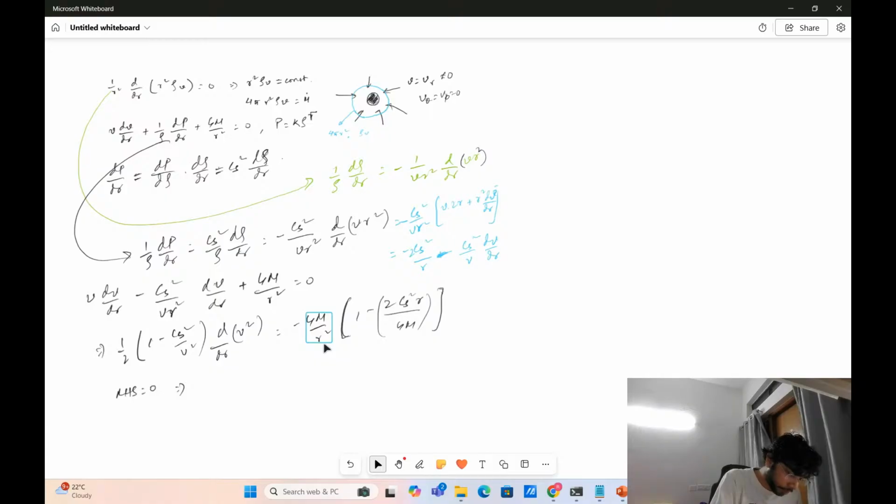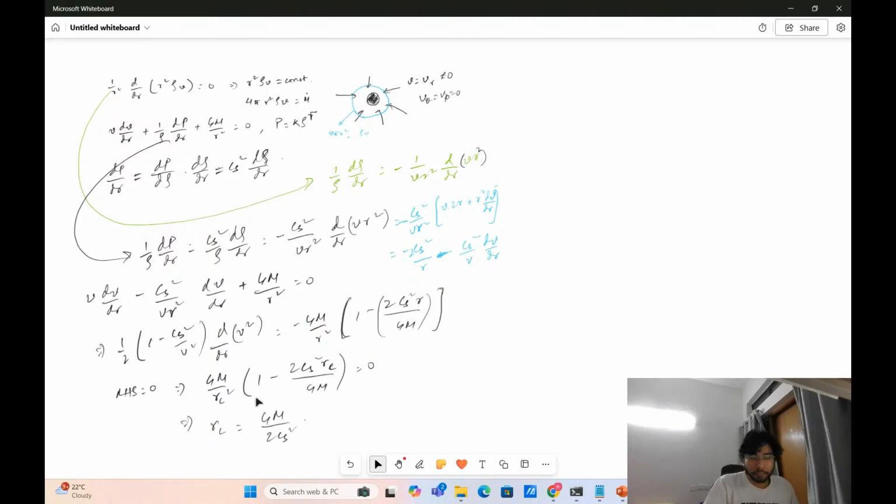So GM by Rc square times 1 minus 2cs square Rc by GM is equal to 0. That means Rc is equal to GM by 2cs square. So this is the definition of our critical radius.